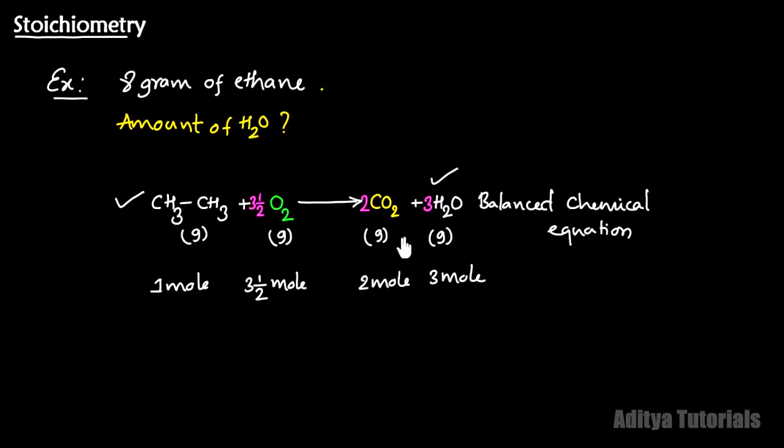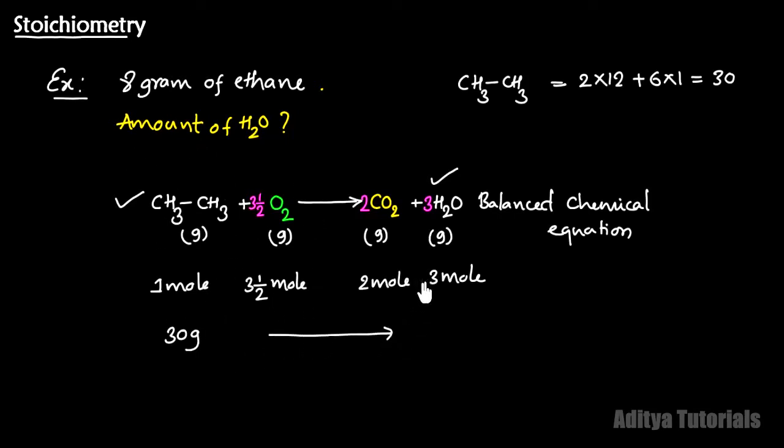So 1 mole of ethane, CH3CH3, molecular mass of ethane: there are 2 carbons, therefore 2 multiplied by 12, along with 6 hydrogens, 6 multiplied by 1. That is 24 plus 6, which is 30 grams. So 30 gram of ethane reacts with any amount of oxygen and produces water along with carbon dioxide, but we need only water in consideration because in the question we have only the water molecule.